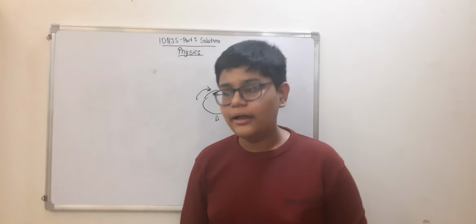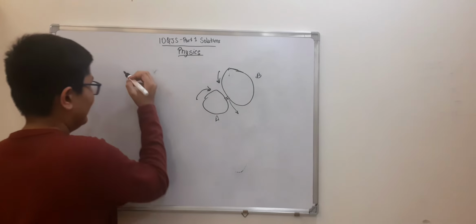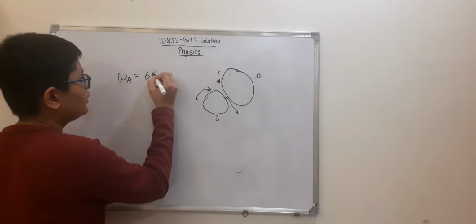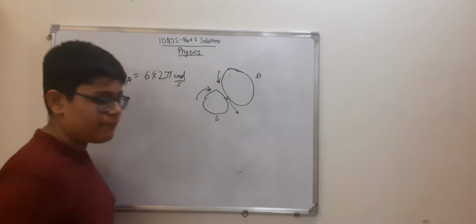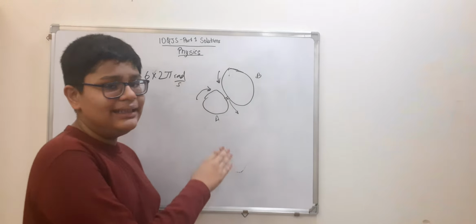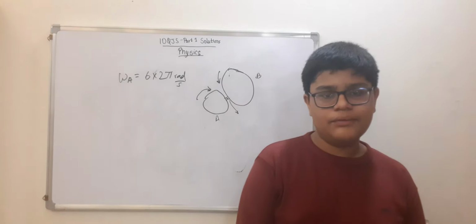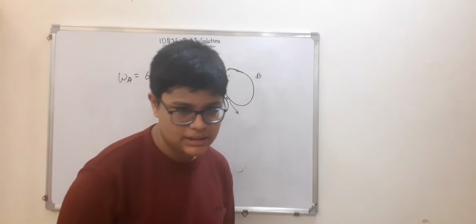So how can you do that? You are given that omega of A is 6 revolutions per second, which can be converted to 6 into 2 pi radians per second. Now A has 16 teeth and B has 24 teeth. This is very important information because using this you will find the ratio of the radii.